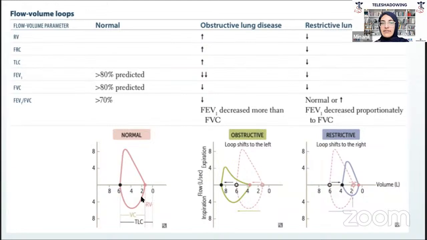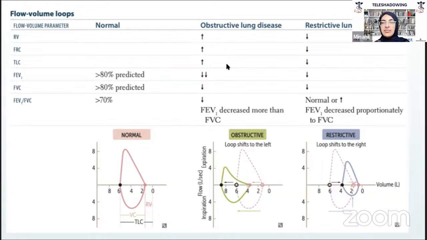Here you can see your FEV1 is greater than 80% predicted, and FVC would be greater than 80% predicted, calculated from this PFT in an outpatient office. FEV1 divided by FVC would be greater than 70%, and the residual volume, lung capacity, and FRC would all be within normal range.